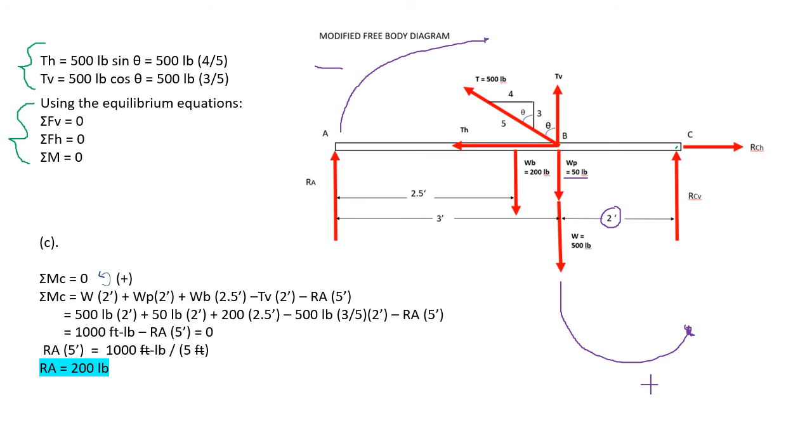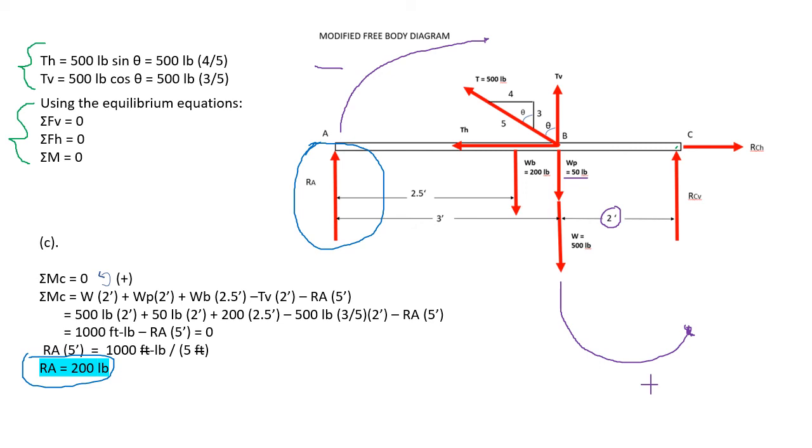So notice that our answer is positive. Therefore, our assumption at A is correct, because our answer is positive. It will be negative if and only if our answer here is negative.